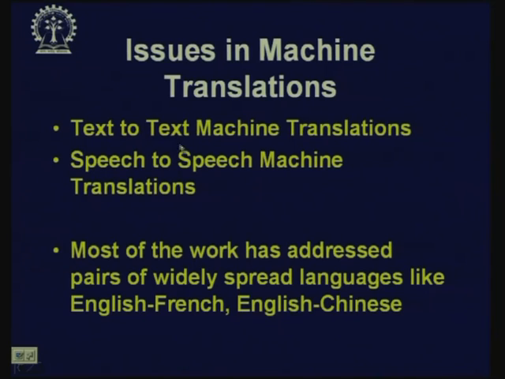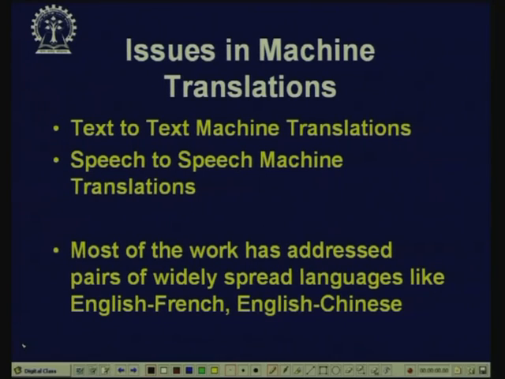Now, just to complete this lecture, I will mention some of the issues in machine translation. There are text to text machine translations, that is, given say English, I want to get Hindi, or given Hindi, I want to get that document in English, or speech to speech machine translation. That is the ultimate dream that all of us cherish, especially in a country like India.